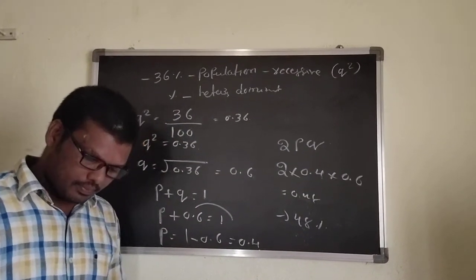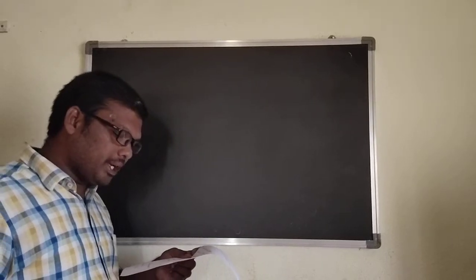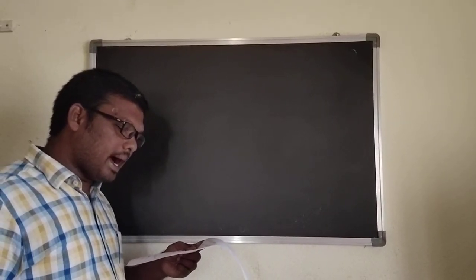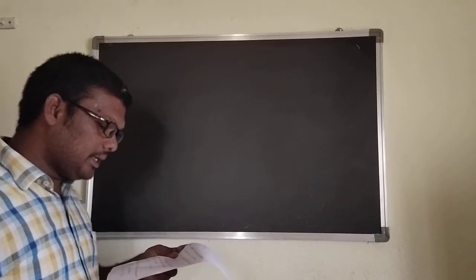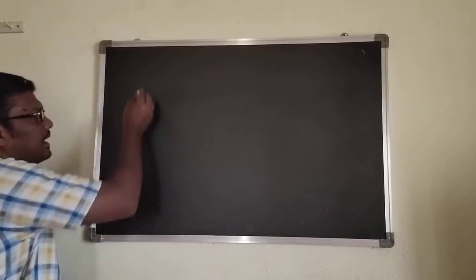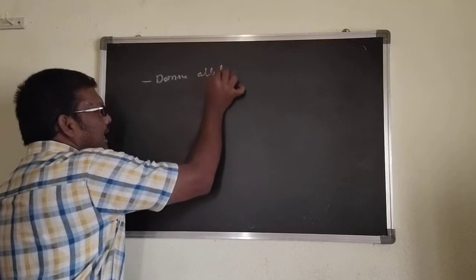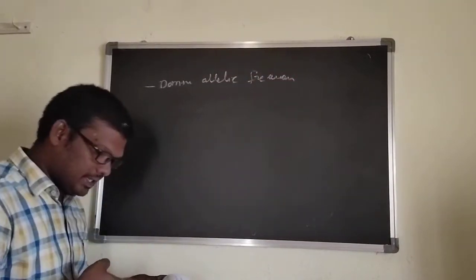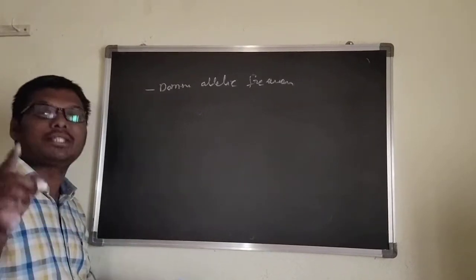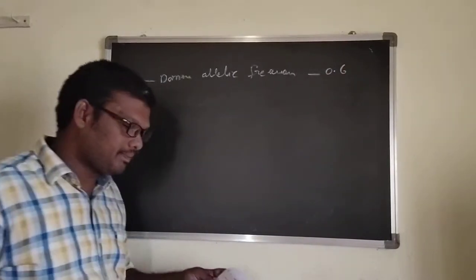And then the next question: in a population, the dominant allelic frequency of a sex influenced allele is 0.6.